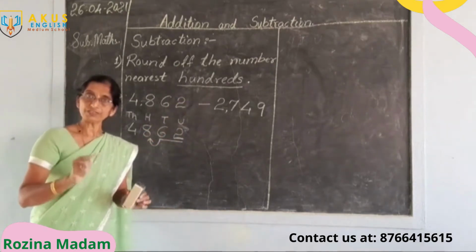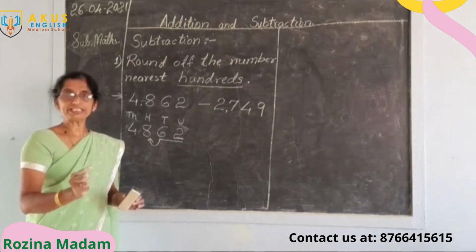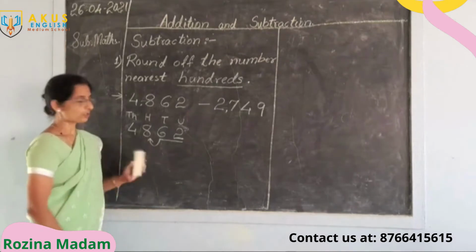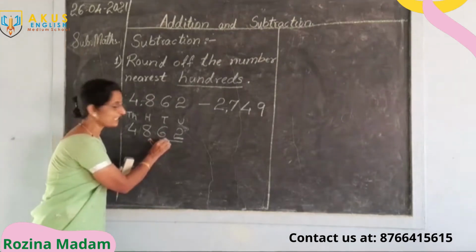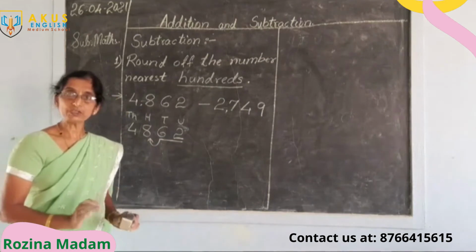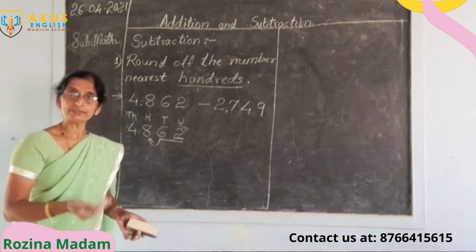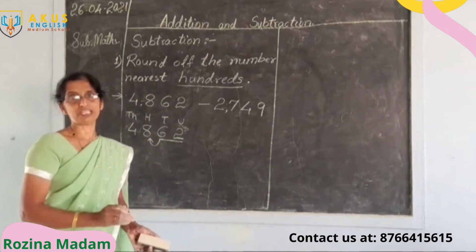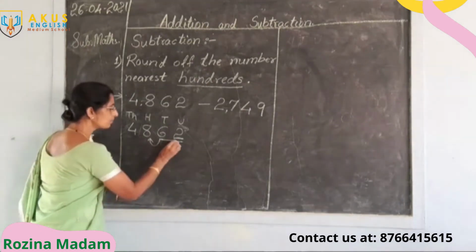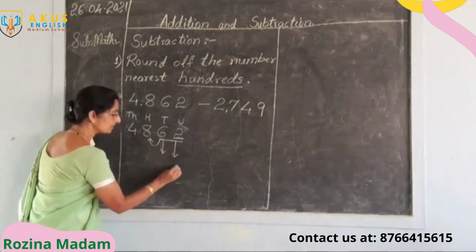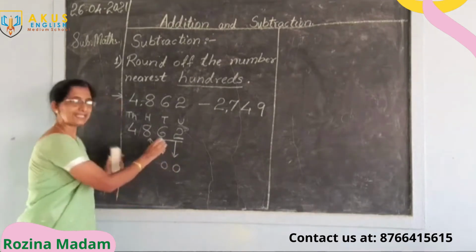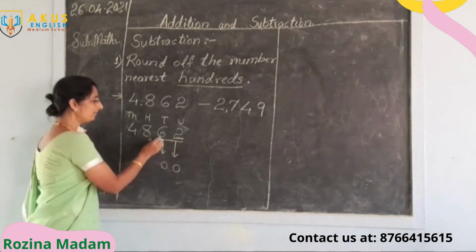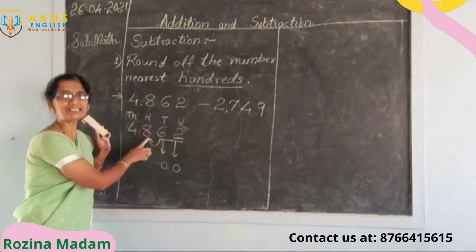So 50 and more than 50, when it is there, then what changes on the hundreds place. So now here the number is 62. So 62 is smaller or bigger? We have to just find out. So 62 is bigger than 50. So here these two numbers will become 0, and as this number is bigger than 50, we have to add one number to the hundreds place.